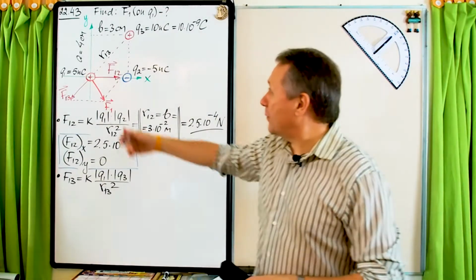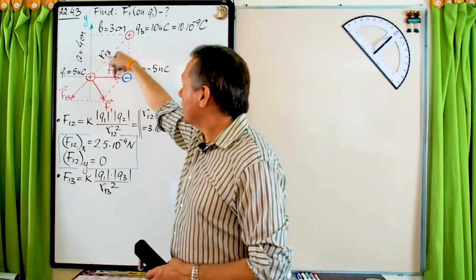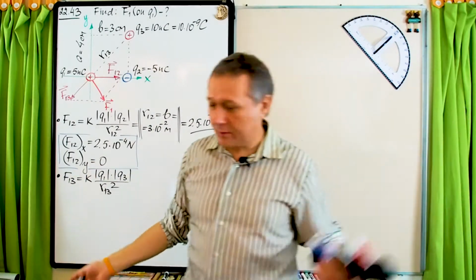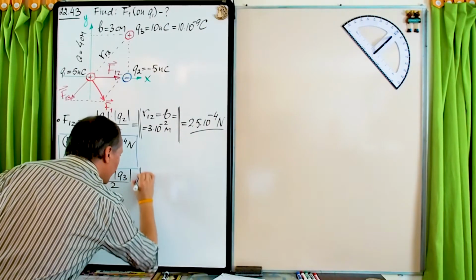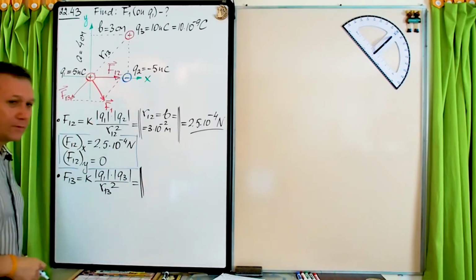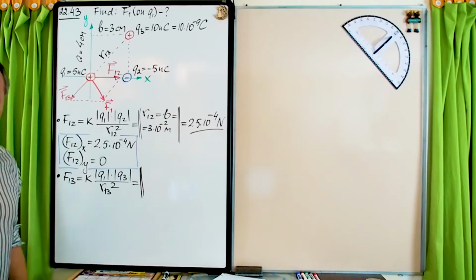Okay, can we find this? I'm sure that you can see that you can use this right triangle or that right triangle, Pythagorean theorem, right? So piece of cake. Again, I will open my explanation box to take care of this distance R13. When I was an undergrad student, my professors used that and I liked it, and I still like it.